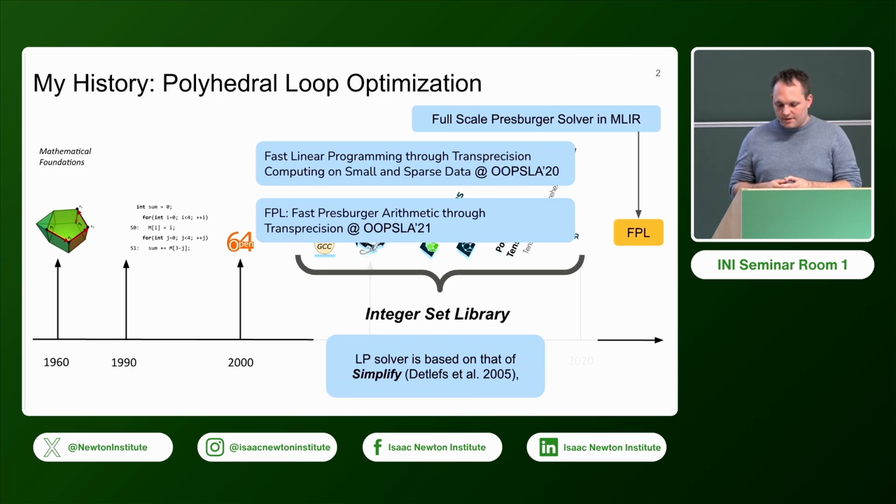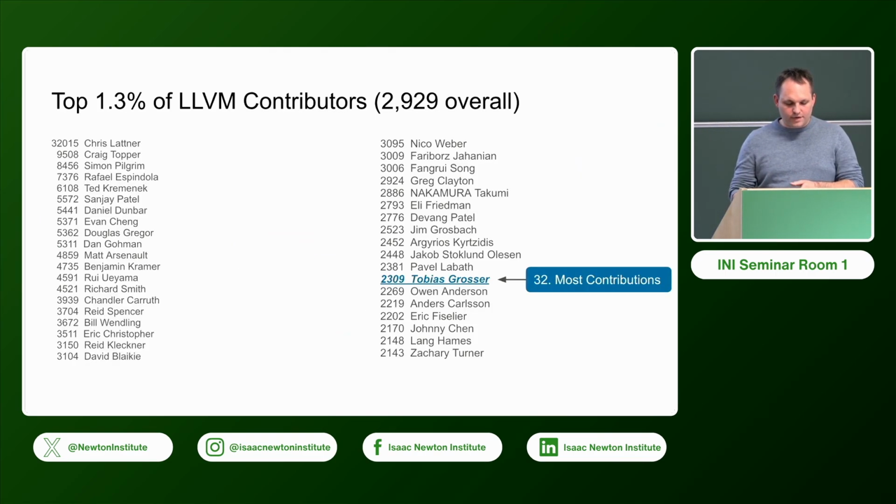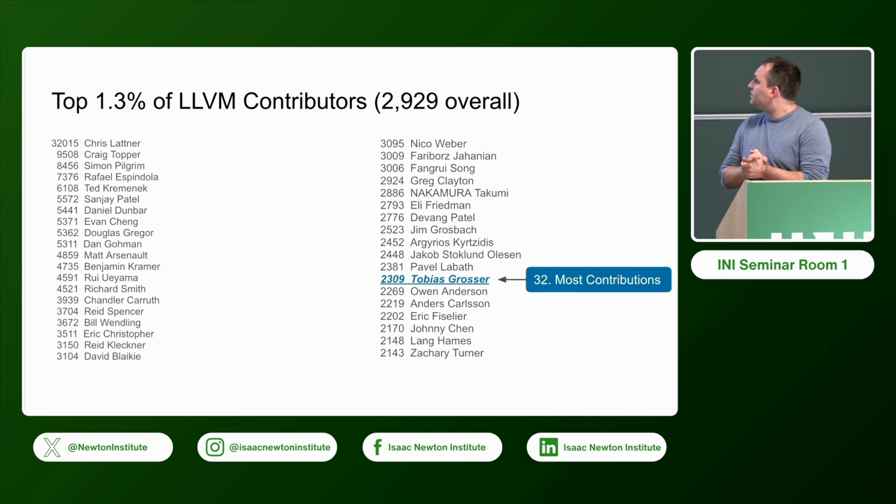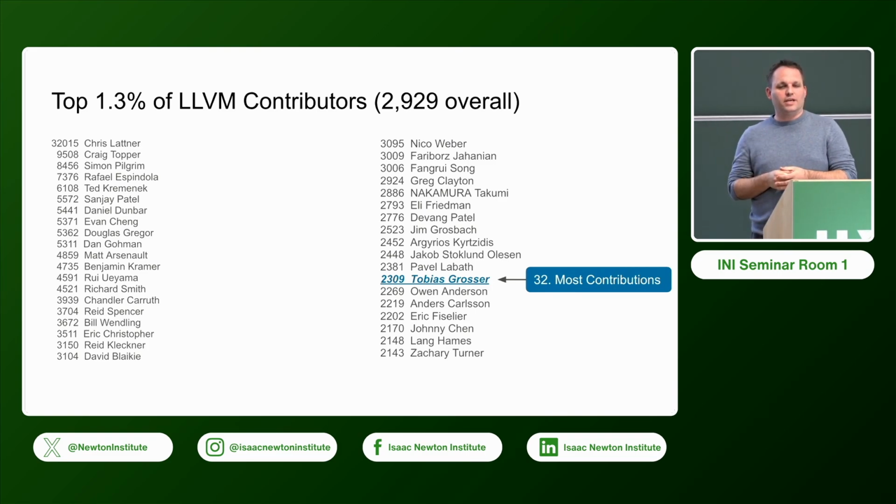The other thing that I think is a little bit atypical in how I do my research is that, as a PhD student, I contributed to LLVM. It was a bit lucky, because Chris Lattner said if I want to develop a loop optimizer for LLVM, I should do it there. So almost never in my research career did I write code that was not committed to a large open source project.